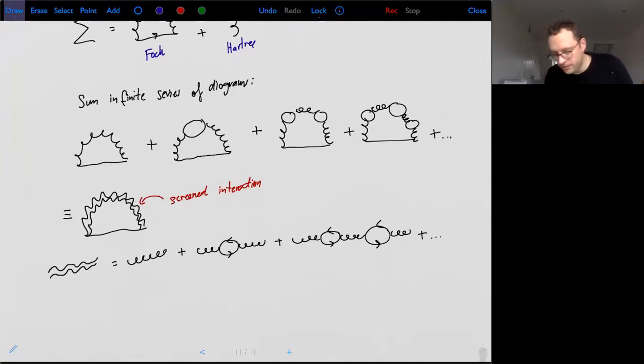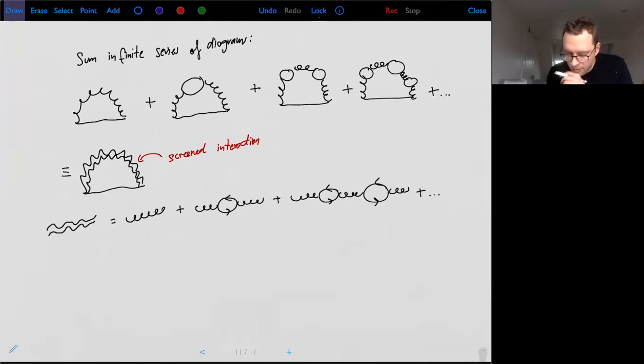And on it goes, right? So this is basically the equation for the screened interaction, and we see that this has a similar structure as the diagrammatic equation for the interacting Green's function. Basically, I can write it in the following way.